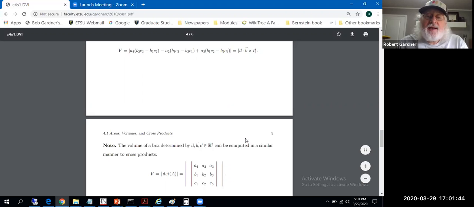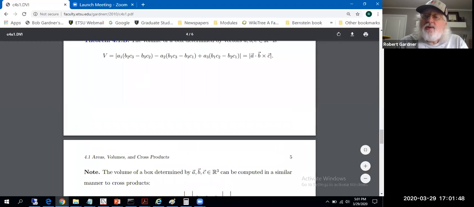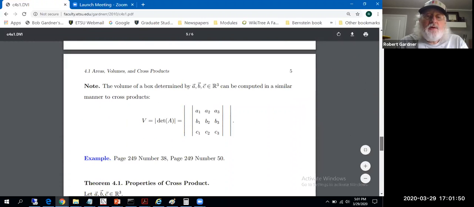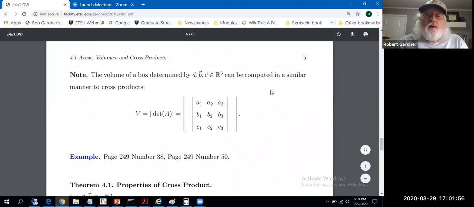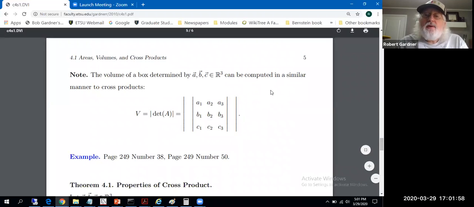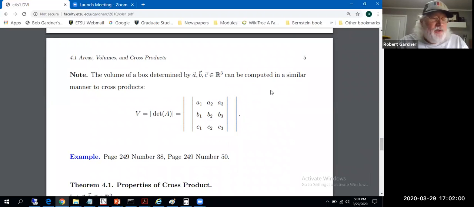This is exactly this. So there's a way straight from determinants to calculate the volume of a box determined by three vectors in R3.